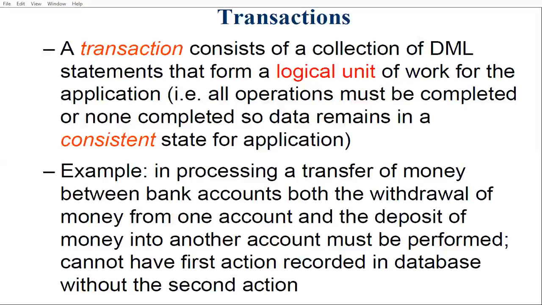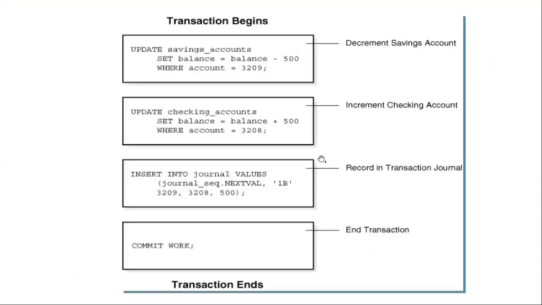Suppose we take the previous example again. If you perform this particular query, update savings account set balance equal to balance minus 500 where account equals some given account number, and only this statement is executed, then you cannot complete the transaction.